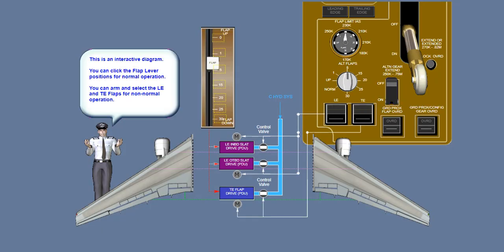Both flaps and slats are moved using a single lever. With the lever in the 0 detent, all flaps and slats are in the retracted position, and the flap indicator pointer indicates up.